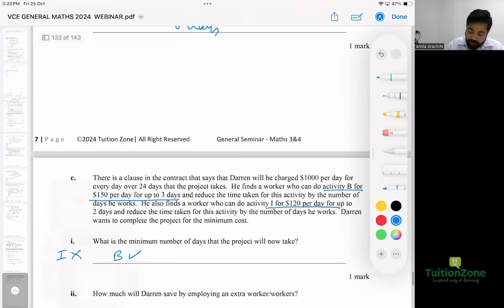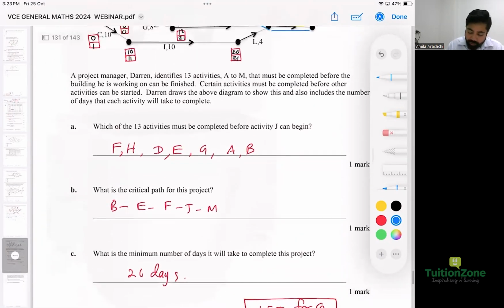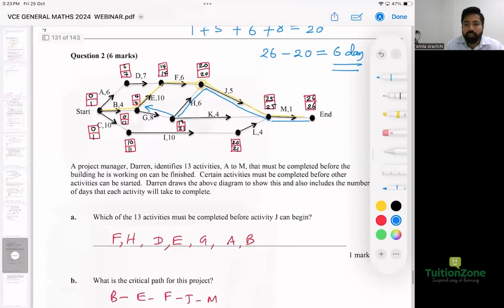Let's see where's the B now. So we want to see how many days you can reduce the B by. You know the technique, right? So where's the B? Okay, so B is connecting to that particular point. Now, can B be delayed? Can we reduce the B, and is the critical path going to be changed?